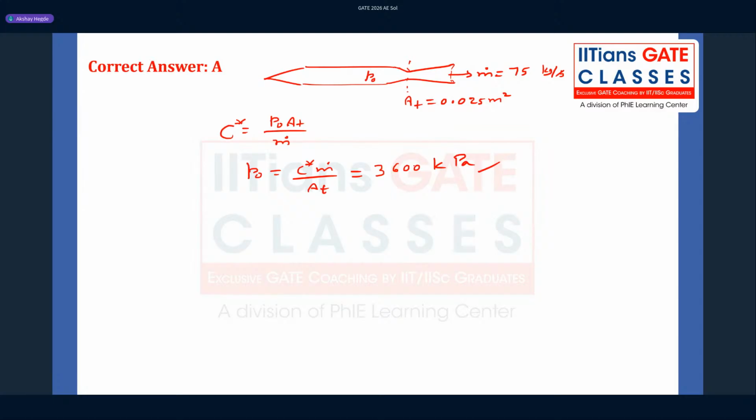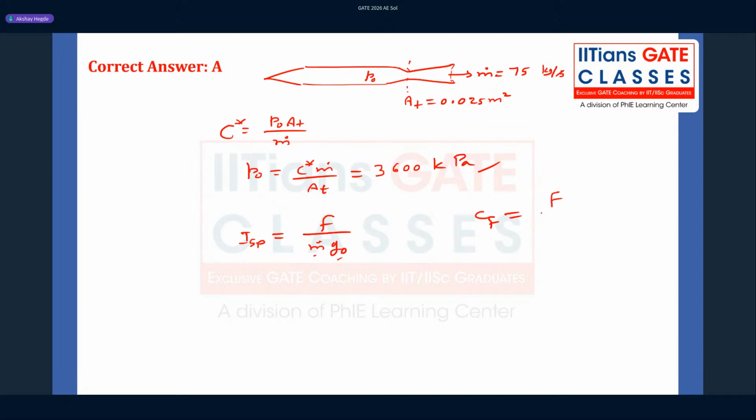So we need to find out the specific impulse. So what is specific impulse? That is usually defined as thrust per unit weight flow rate of the propellant, right? Thrust divided by mass flow rate times g naught. Now m dot is known to us, g naught is given as 9.8 meter per second square, whereas thrust is not given. But to calculate thrust, we have another way, right? Because we are given the thrust coefficient. How do we define the thrust coefficient?